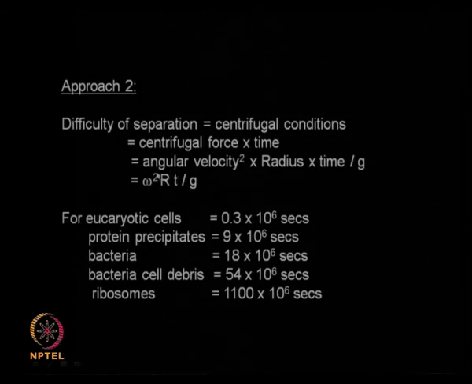Or if I know the radius of the centrifuge and the time of the centrifugal operation, I can calculate what will be the omega, because I will assume the difficulty of separation to be constant, and it only depends upon the type of material, it does not depend upon the hardware details, understand. Type of material means it could be bacterial, or eukaryotic cells, or protein, or cell debris, or ribosome.